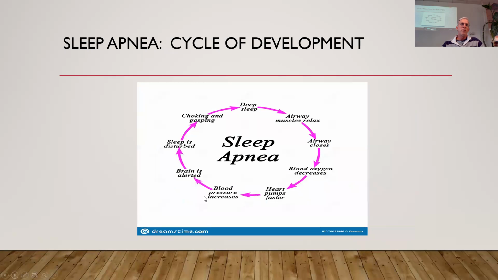And here's just another depiction. It tends to be a vicious circle, but what happens over time, if nothing is done, is this is going to eventually affect your heart. And usually what ends up happening is the heart has to work harder to pump oxygenated blood, enough of it.